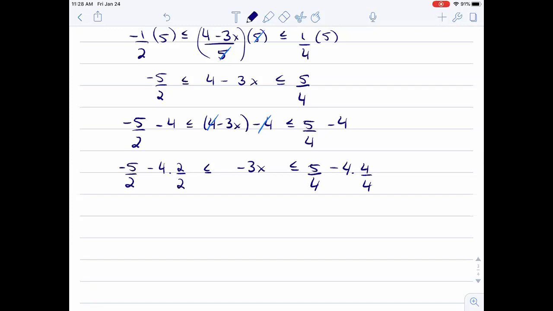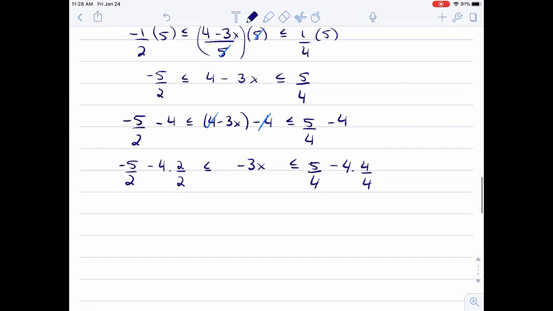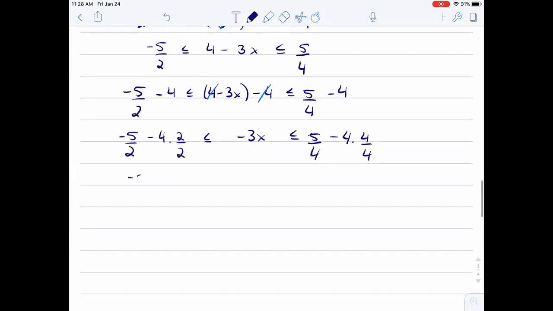Good. So then from here, I can rewrite this side as negative 5 over 2 minus 4 times 2, which is 8 over 2. It's less than or equal to negative 3x, which is less than or equal to 5 over 4 minus 4 times 4, which is 16 over 4.